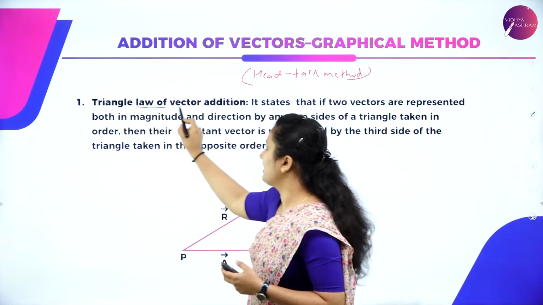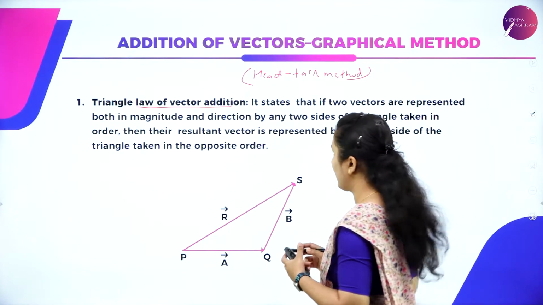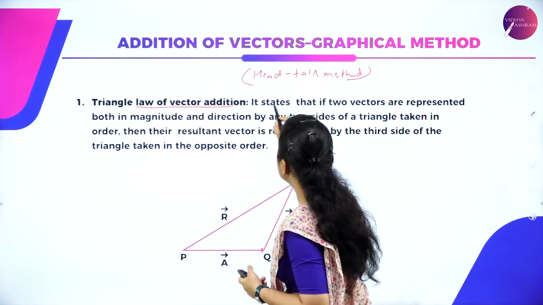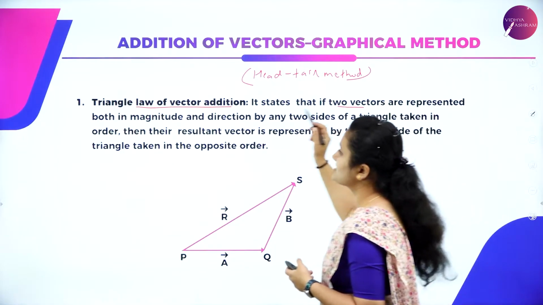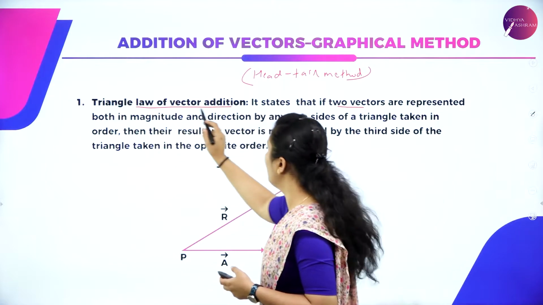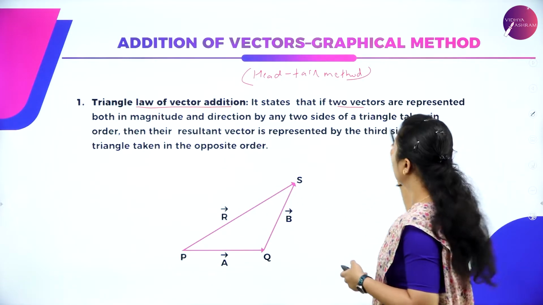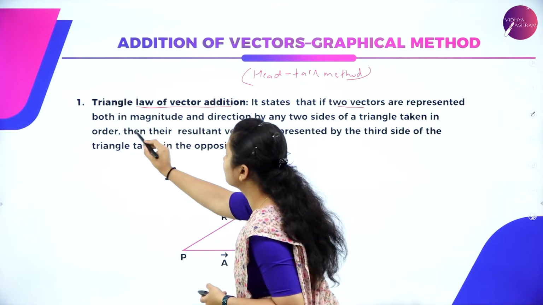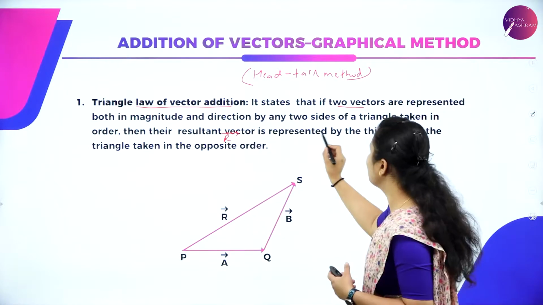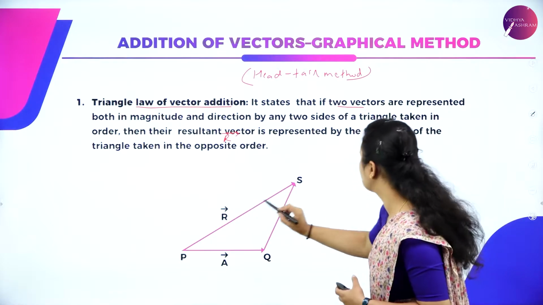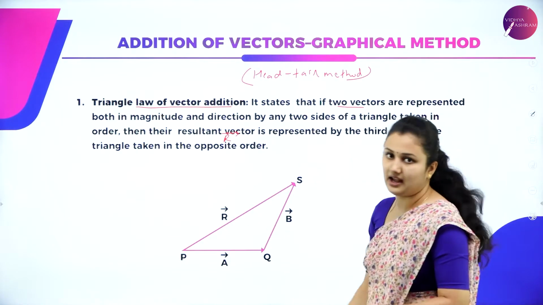It states that if two vectors are represented both in magnitude and direction by two sides of a triangle taken in order, then the resultant vector is represented by the third side of the triangle taken in the opposite direction.